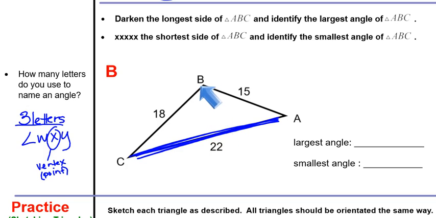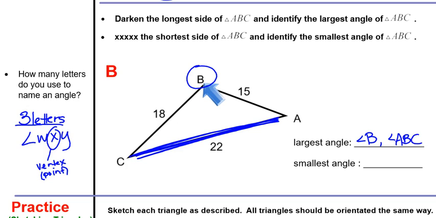That means that angle B is my largest angle, which another name for angle B would be angle CBA or ABC, remembering that B has to be in the middle.